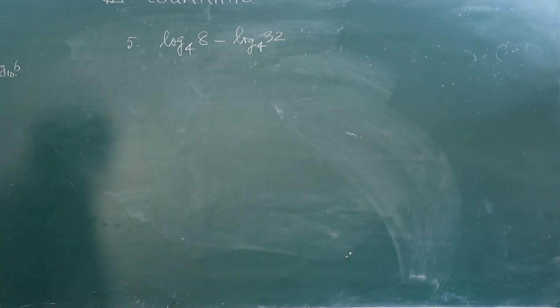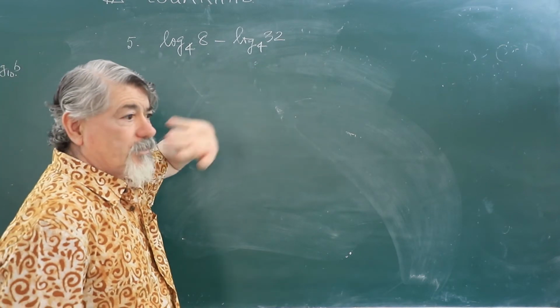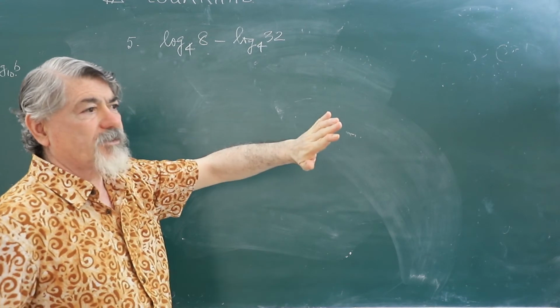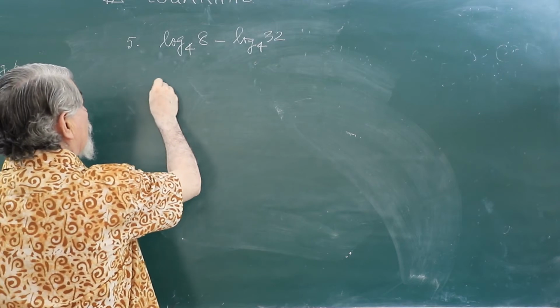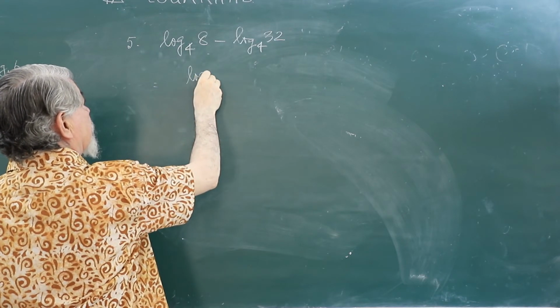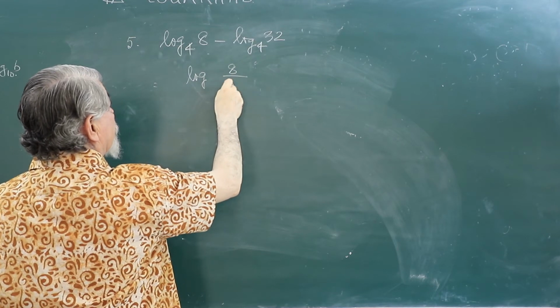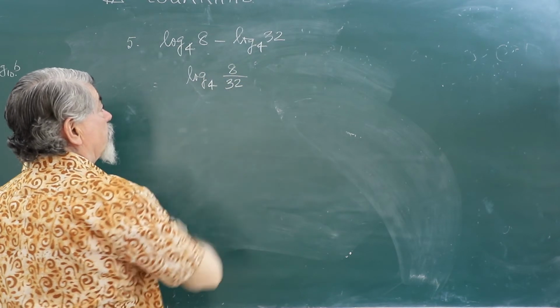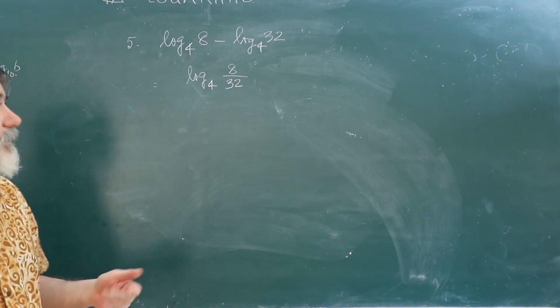Please notice that the bases are the same here, so there is no issue. Base is 4 here, base is 4 here. So we can apply log A minus log B equals log A upon B. It will become log 8 upon 32 to the base 4. It was only possible to write it like this because the base is the same.